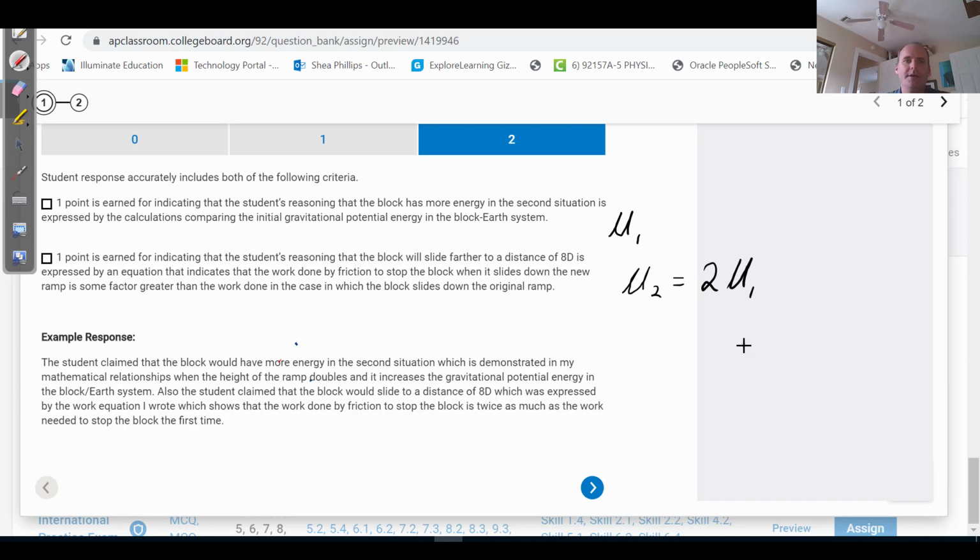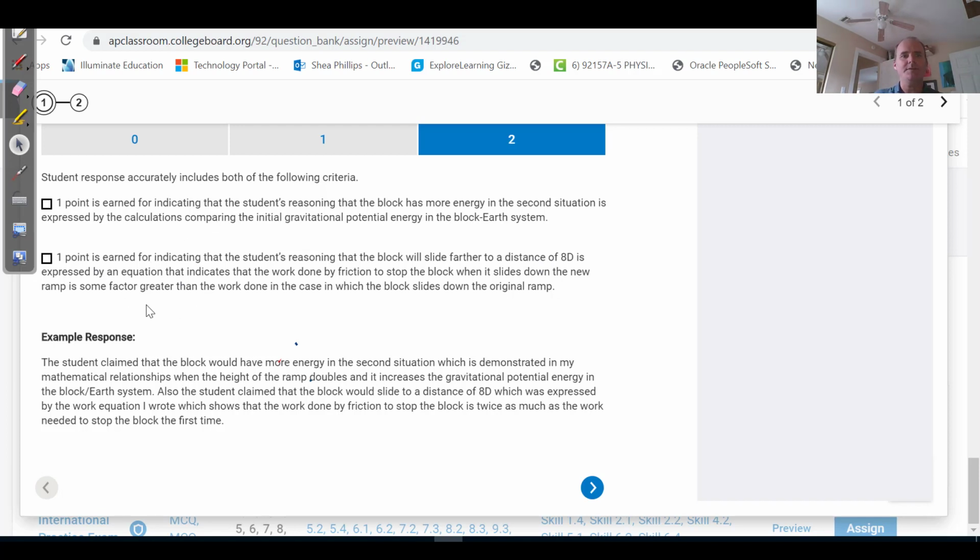That was expressed in the formulas that you had before. The next one, 1 point is earned for indicating that the block will slide a farther distance, 8D, because there's more work done by friction to stop the block when it slides down the new ramp.